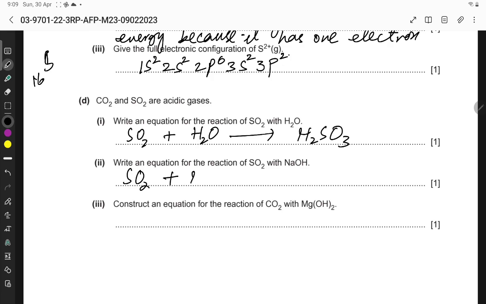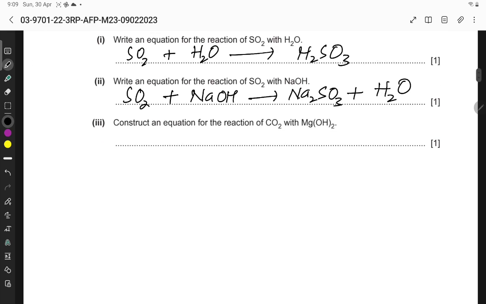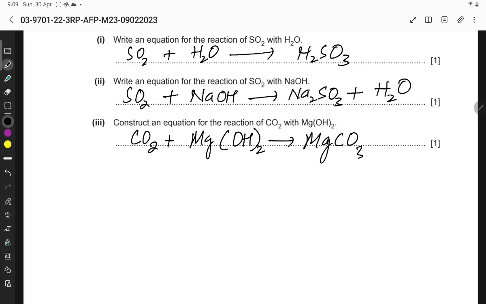SO2 plus sodium hydroxide forms Na2SO3 plus water. Construct an equation for the reaction of carbon dioxide and magnesium hydroxide. CO2 plus Mg(OH)2 forms MgCO3 plus water.